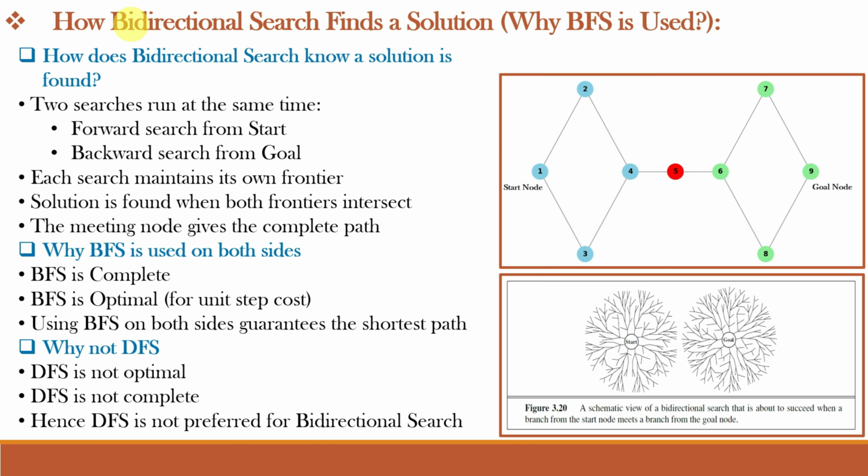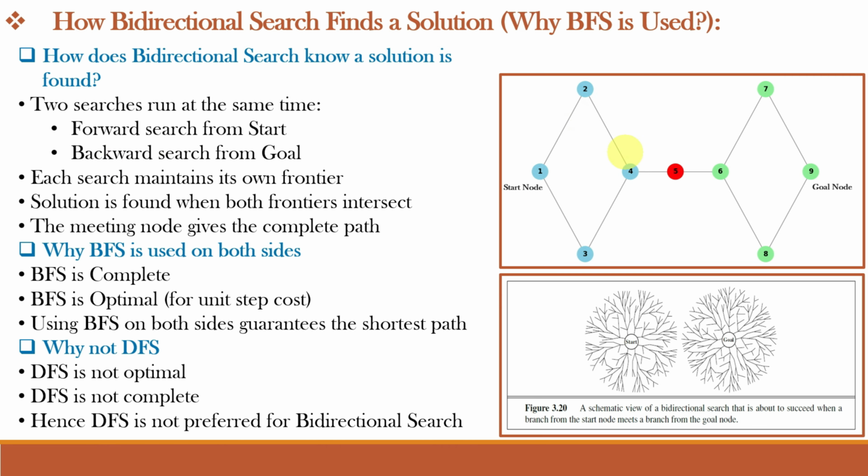Okay. Now let us understand how bidirectional search knows that it has found the solution, and also why BFS is used in the bidirectional search. See, in bidirectional search, we do not use a normal goal test. We run two searches at the same time. One search starts from the start node, which is known as the forward search, and the other search starts from the goal node, which is known as the backward search.